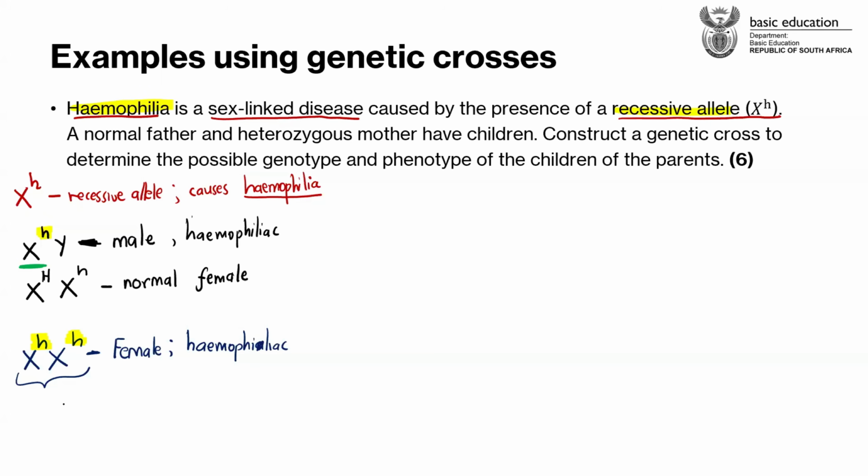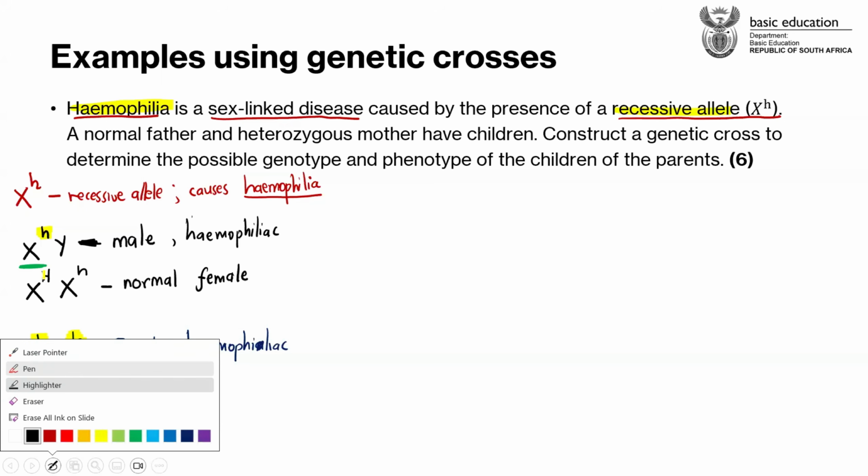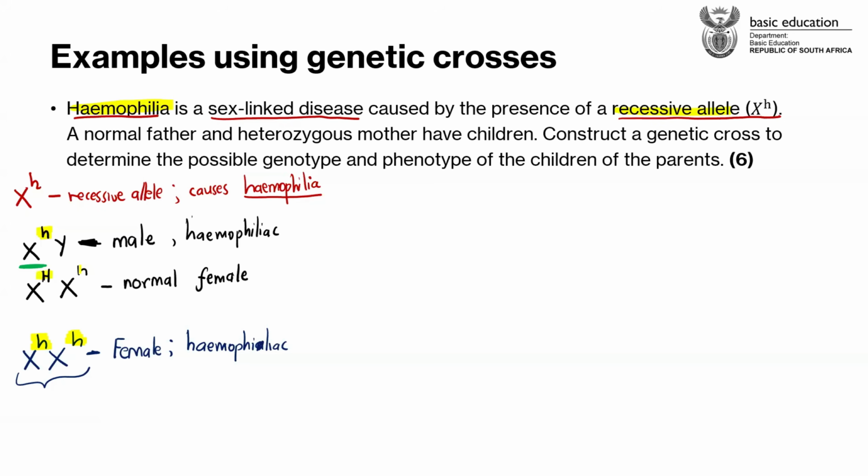Whenever you're dealing with sex-linked inheritance, you are supposed to indicate which alleles you have on top here. If the person is normal and they tell you that the recessive allele is the one that is causing the condition, then a normal person must have a dominant allele, because dominant is the exact opposite of recessive.